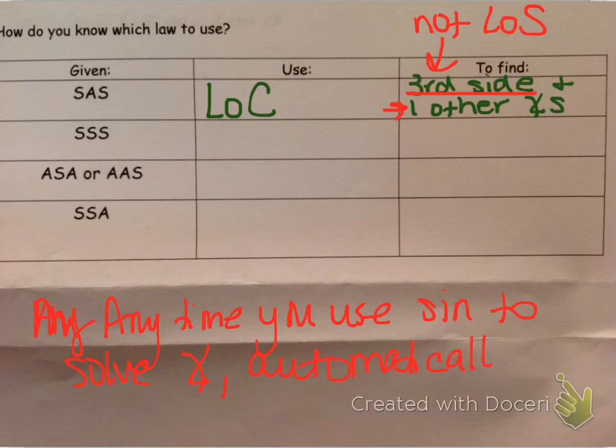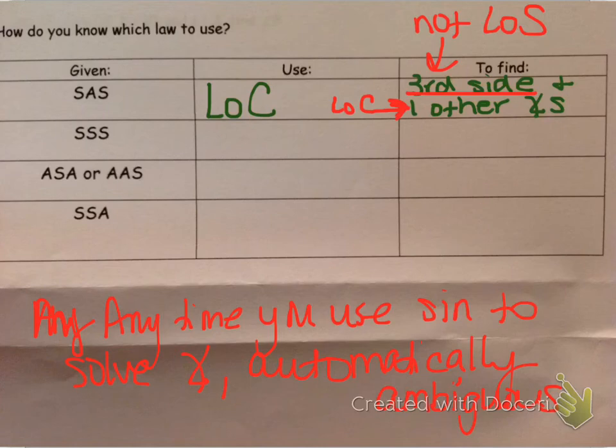That means you automatically have to go into it worried about, do I have 0 answers, 1 answer, or 2 answers, and then if I have 2 answers, do both of those answers work, and if both work, then which one is my actual answer? So whenever you have the choice, do not use sine to solve for angles. Okay? So you would still want to stick with the law of cosines to find that other angle.